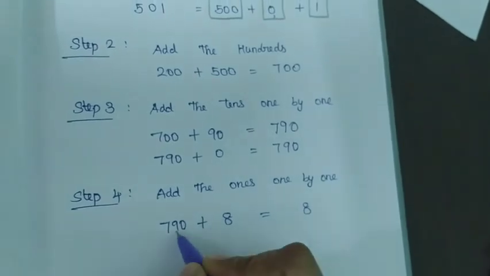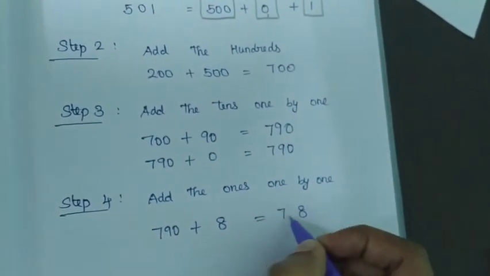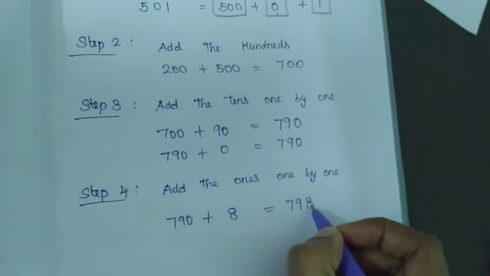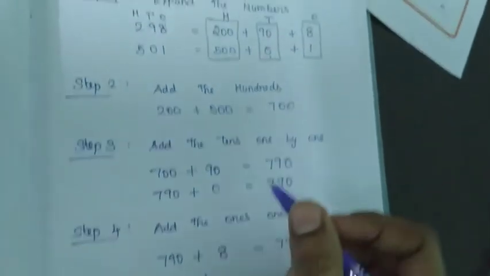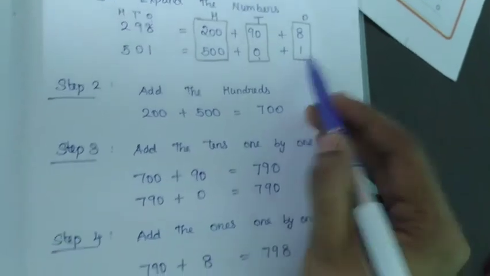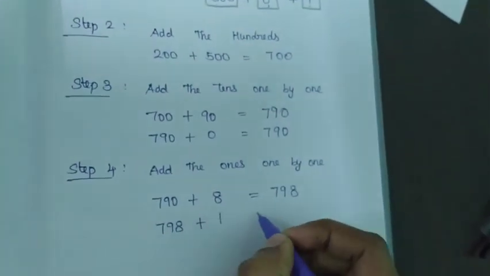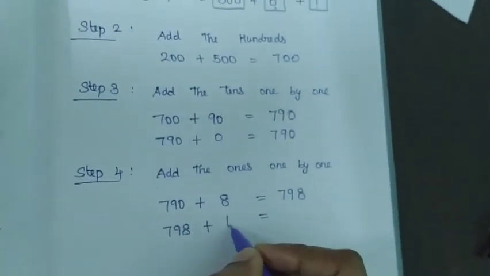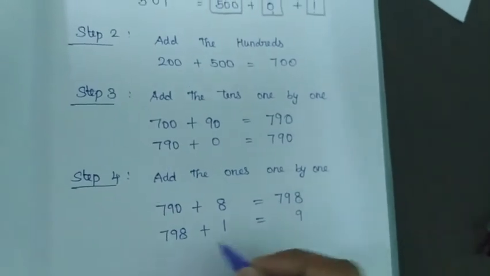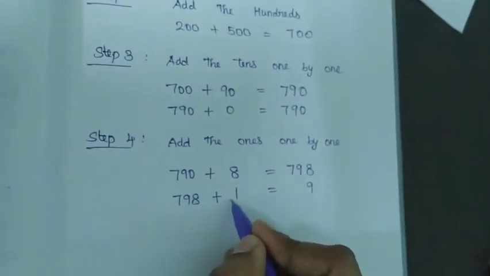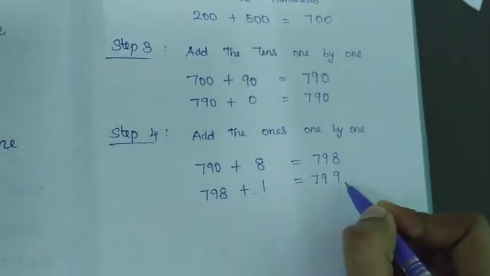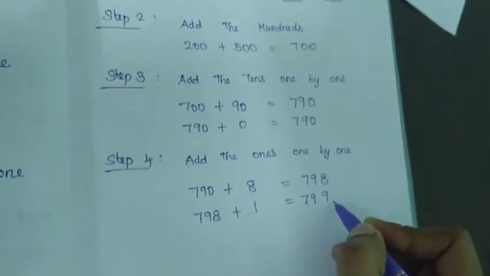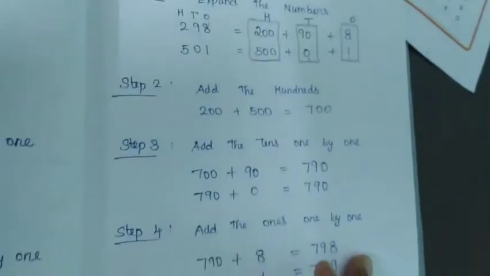Next there is no number, so put 79 itself. So 798. Here also put 798 plus, what is the next ones? 1. So put plus 1 equal to, 8 plus 1 got, ma? 9. Okay, there is no number, so put 79 itself. So 799 is the final answer. Okay? Now the fourth step is over.